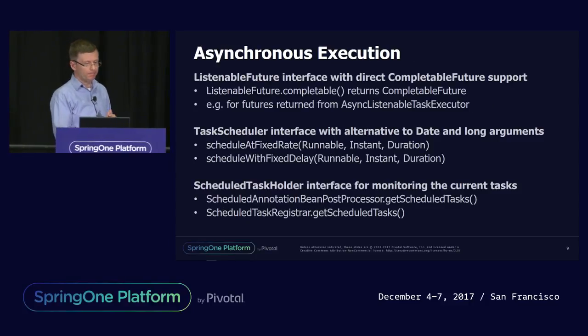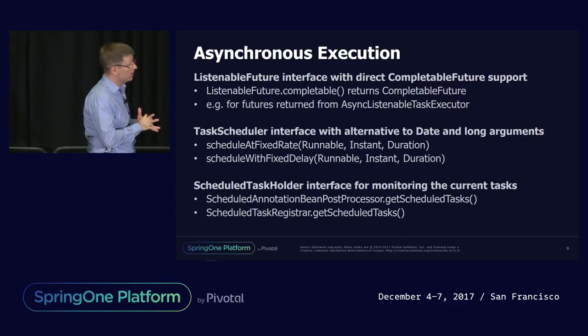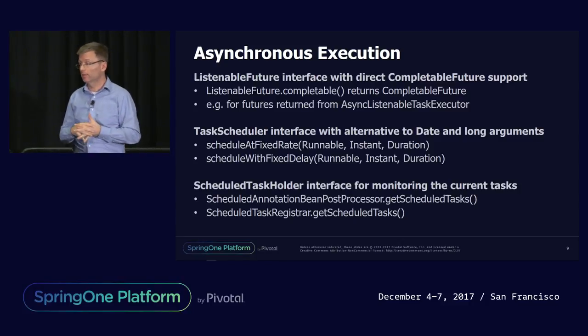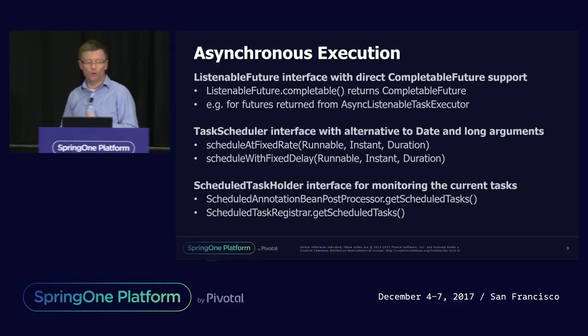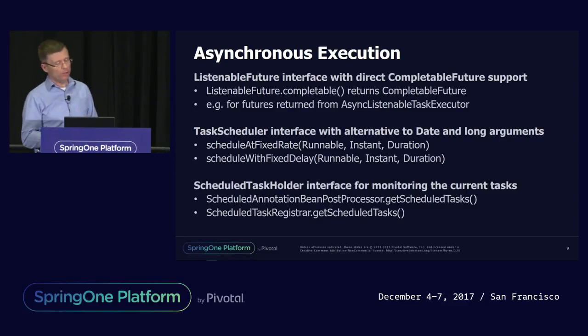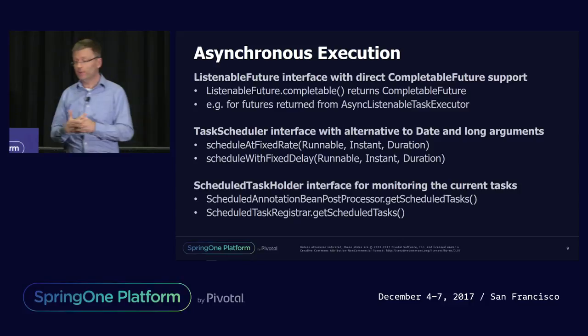So last but not least, in the TaskExecutor abstraction and TaskScheduler, we introduced a couple of really convenient overloads. Maybe not too big a deal, but if you're heavily interacting with asynchronous tasks, this is also surprisingly useful.